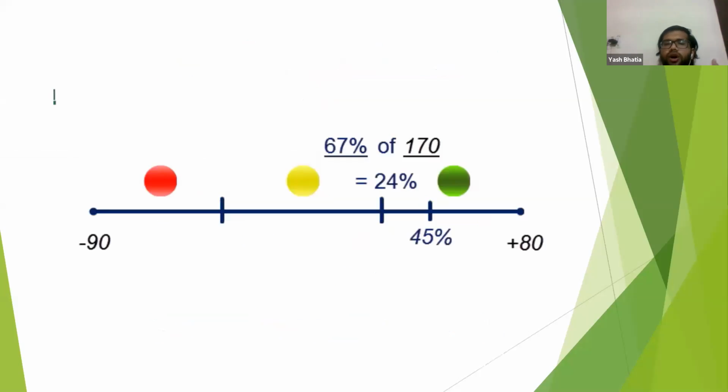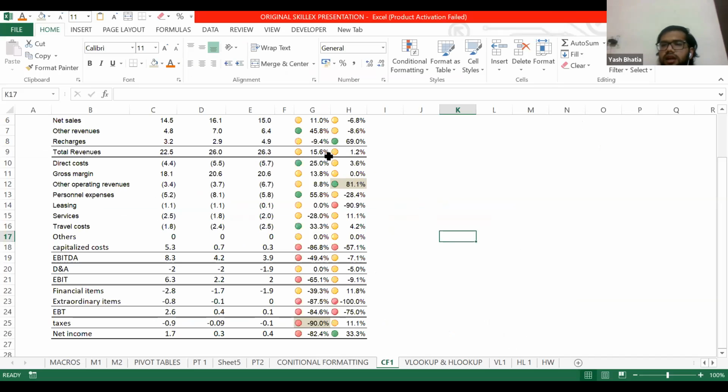So according to Excel, what it interpreted is 67% of 170, roughly 24%. So what Excel is showing is that a value greater than 24 is green. That's why it's showing 45 as green. I know it is confusing, but you can always avoid that.